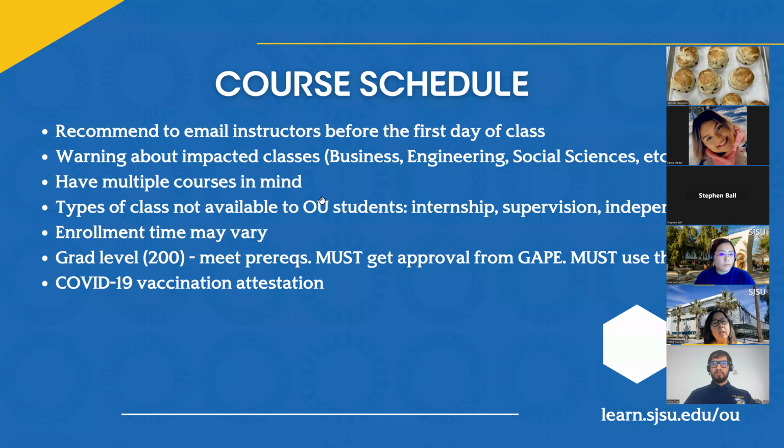But I suggest that you do the registration form for this time using the same student ID. And then after the registrar's office adds you to the class, you can activate your My SJSU account.